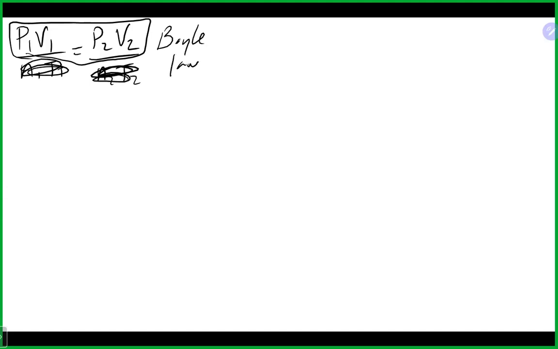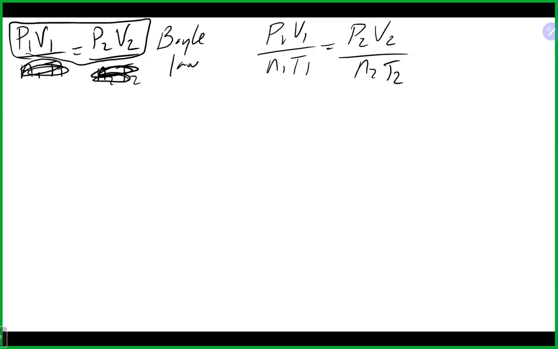If you remember this equation and you come across a problem where there is no mention of moles, or you're told they're held constant, and there's no mention of pressure, you just scratch out pressure and moles on both sides. And now you are left with Charles' law that we learned earlier.